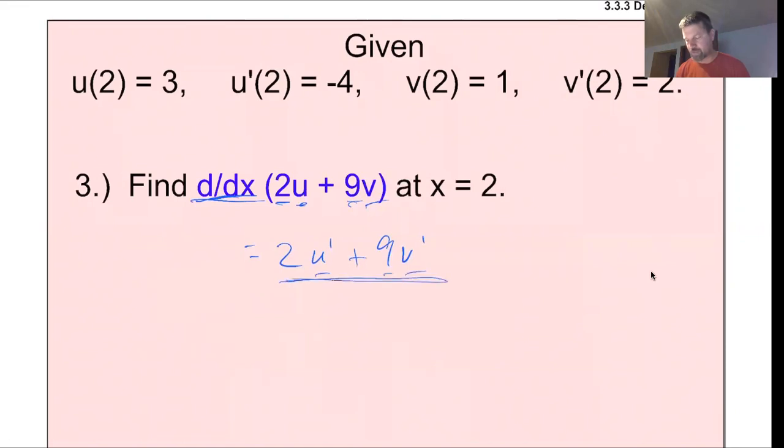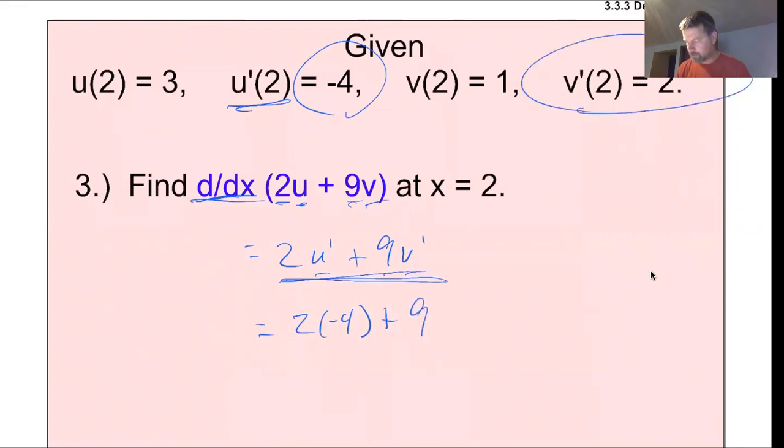That's my sum and difference rule, right? U prime I know. U prime at 2 is -4, so 2 times -4 plus 9. V prime is right there. V prime of 2 is 2. That's -8 plus 18, that's 10. All right, so just testing out your knowledge of derivative rules.